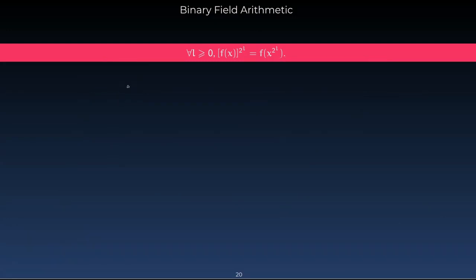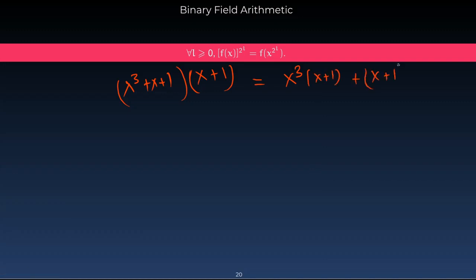For example, if I have to multiply x cube plus x plus 1 with x plus 1, I can simply write it as x cube times x plus 1, and then we have x plus 1 whole square. We already know what this is going to be.